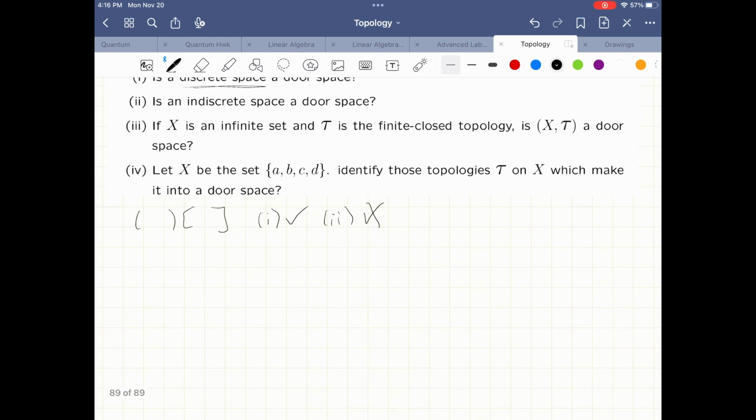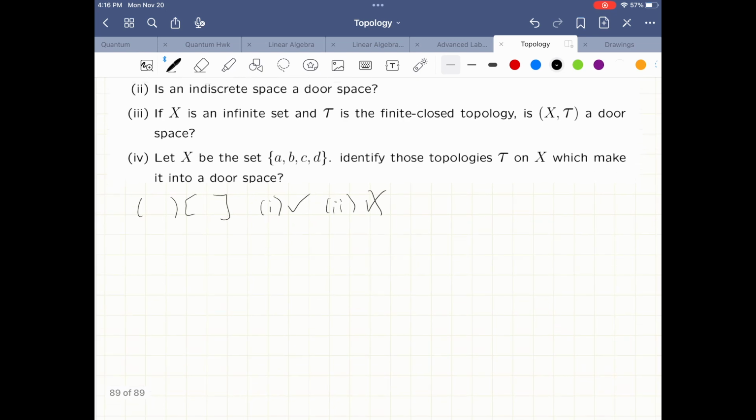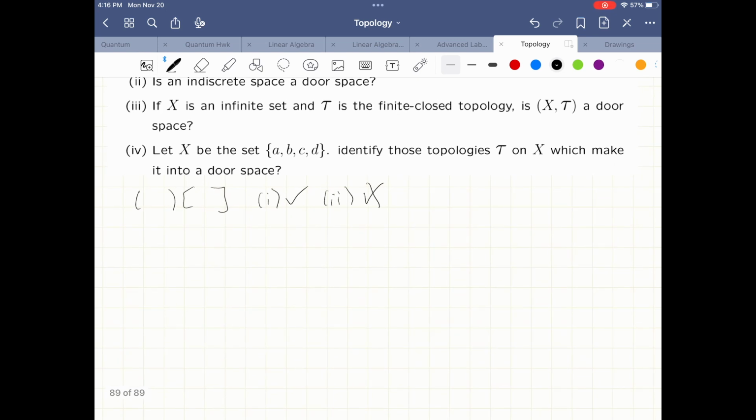Now we want to deal with our third question, which tells us that X is an infinite set and tau is a finite closed topology. This means that all sets that are open have to be infinite and all the sets that are closed have to be finite.